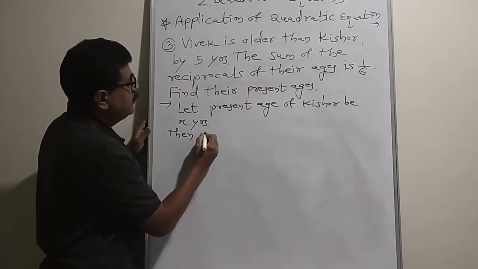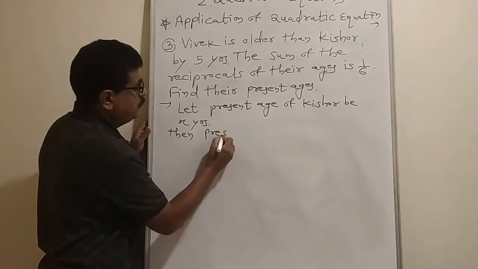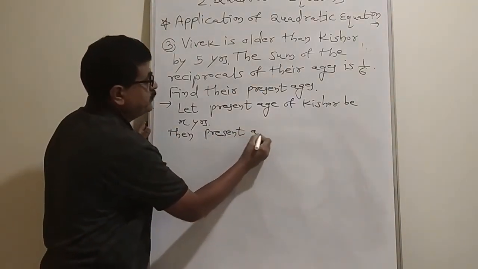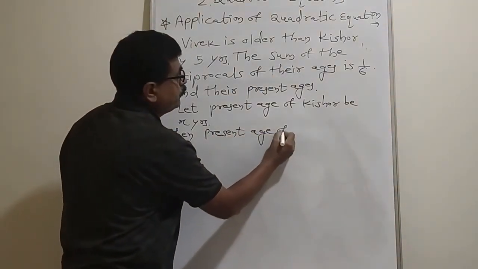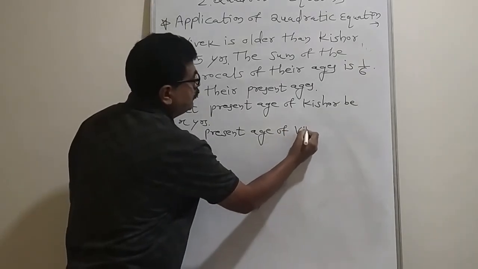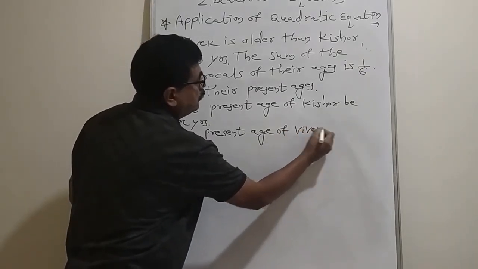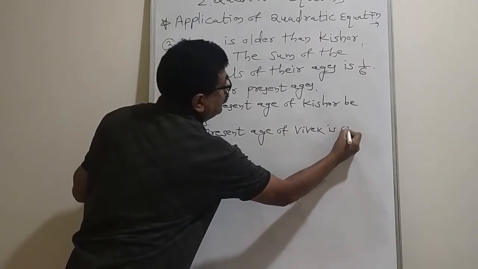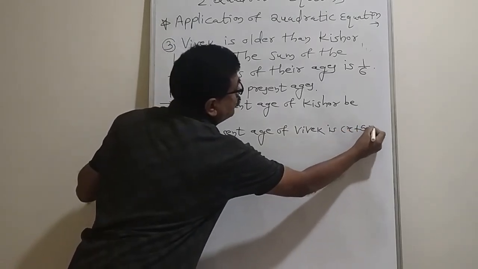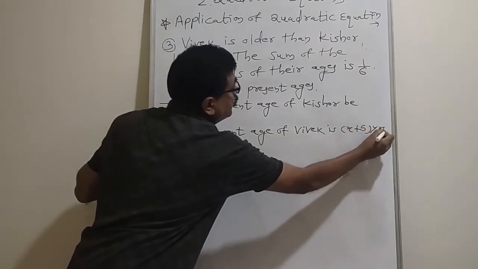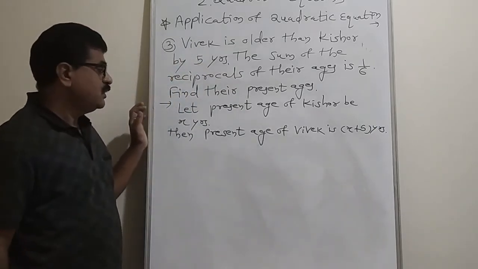Therefore the present age of Vivek is x plus 5 years.